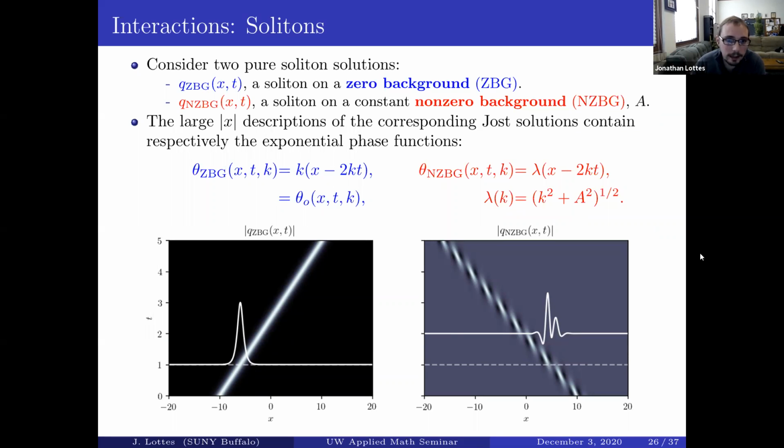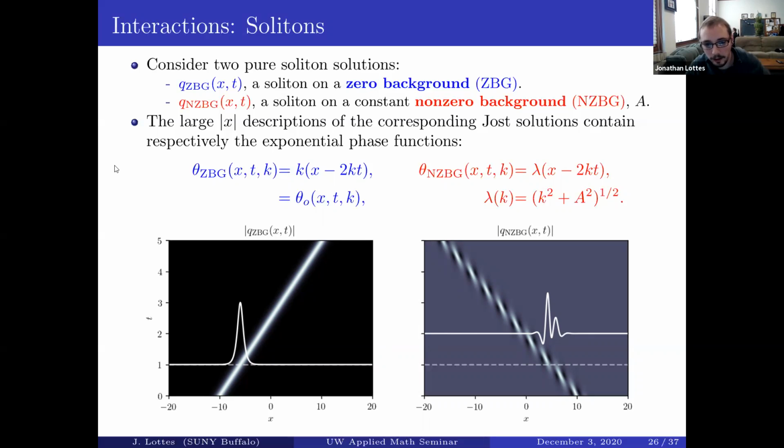We can also look at two pure soliton solutions, one type on a 0 background, one type on a non-zero background. Again, we'll take the amplitude to be A. When you're going through that same formulation in the IST, generating the Jost solutions, those Jost solutions contain exponential phase functions depending on the background. In the 0 velocity case, we just have the phase function k x minus 2 k t.